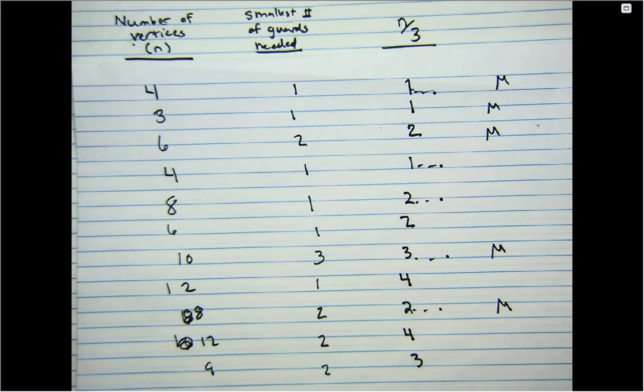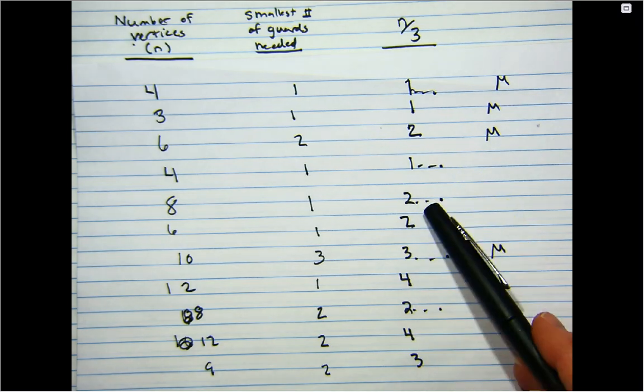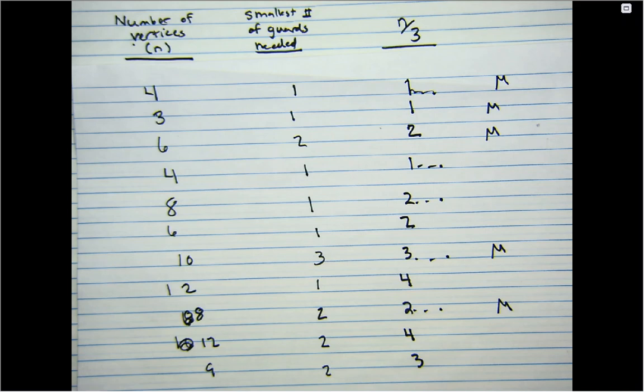Comparing the numbers in the two columns for the ones that don't match, which ones are bigger? The third column. Either they're matching or the third column is bigger. That is actually the basis of the art gallery theorem that we're going to write out.